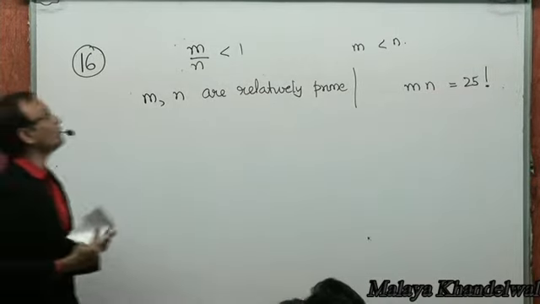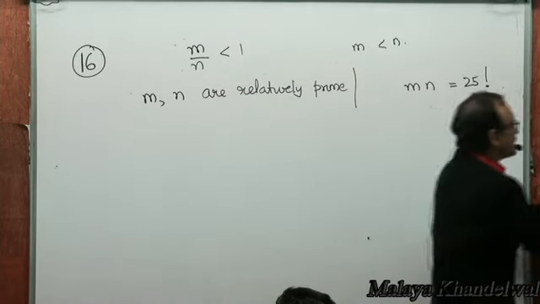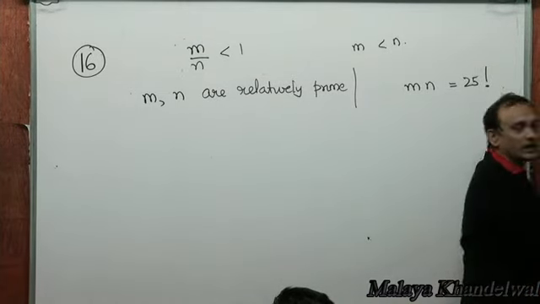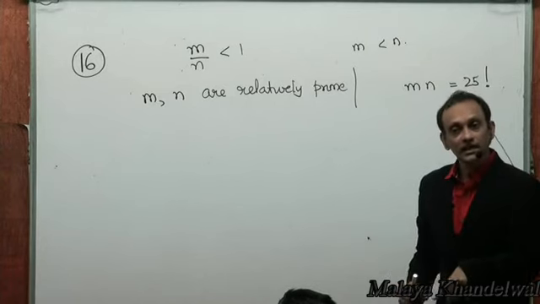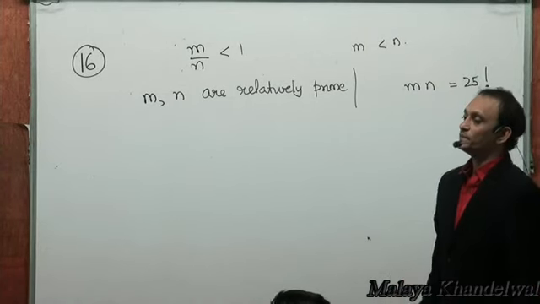I want to find in how many ways the pairs m, n could be selected such that m into n is 25 factorial, m is less than n, and m and n are relatively prime.